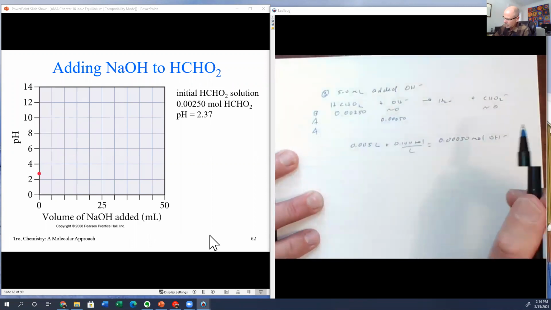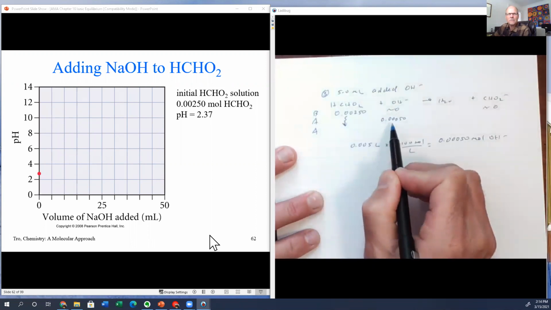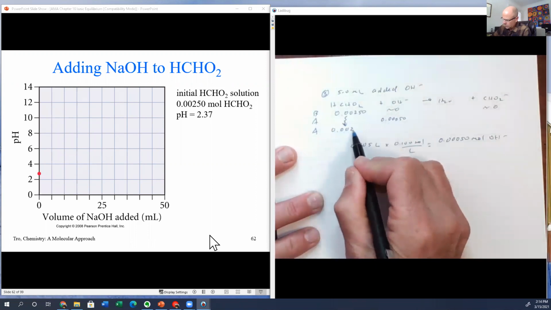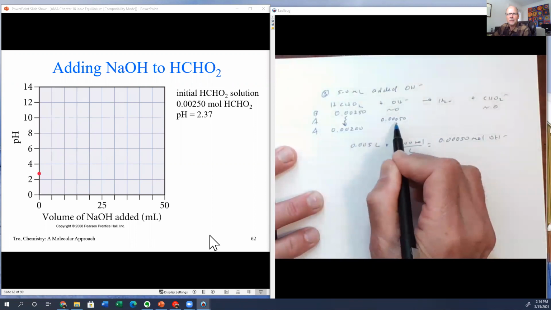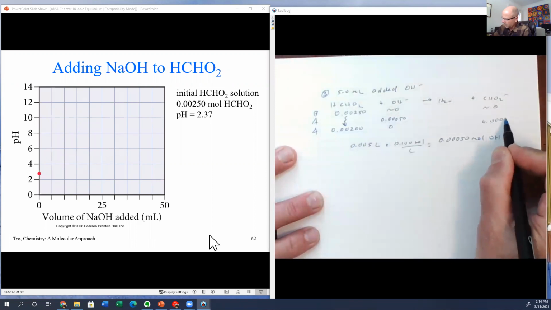So this 0.00250 gets reduced as it reacts with that. What does it get reduced to? 0.00200. It gets reduced by that amount. This all gets neutralized, and this goes up to 0.00050.